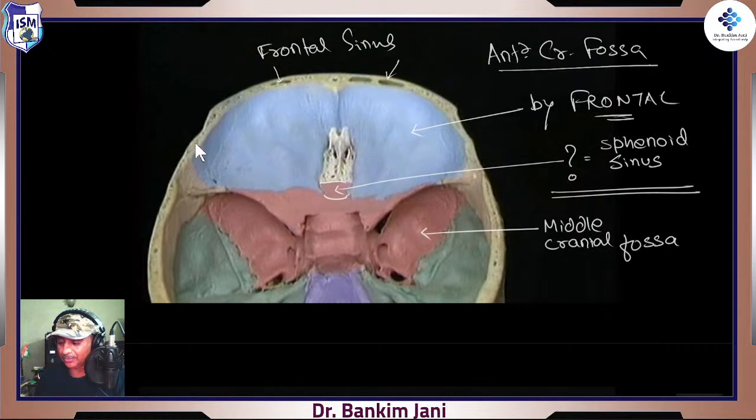This is that hollow. The sphenoid sinus, that's right. Then this is the anterior clinoid process, this one, right? And that's our pituitary gland, where it will be sitting. That's the fossa. Otherwise, this is not a fossa. This is a flat structure all the way, and that's how it is formed. Okay, good.